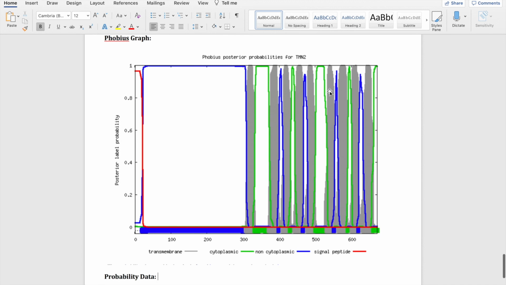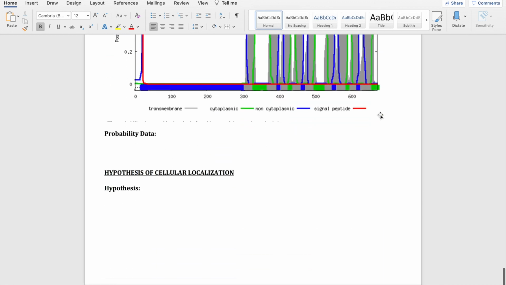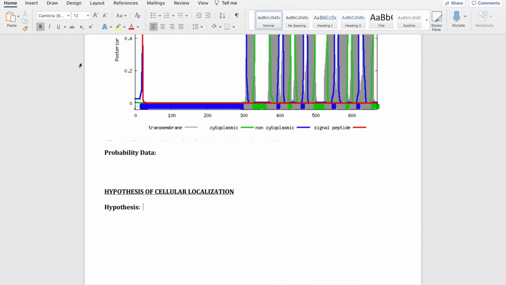And it's a little easier to read as well, as it states it as cytoplasmic versus non-cytoplasmic. So mine starts off with that blue as non-cytoplasmic, so the N-terminus is going to be either in the cell or in the lumen of an organelle. So my hypothesis is my protein crosses the membrane 9 times because it didn't pick up on anything else in this second model, with the N-terminus sticking into the lumen or being non-cytoplasmic.